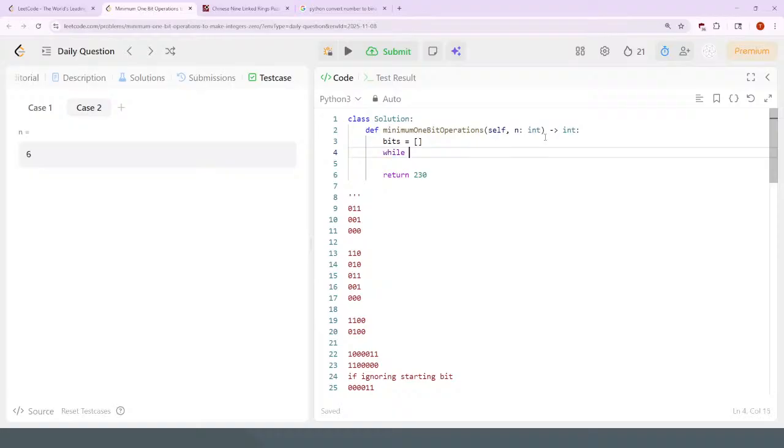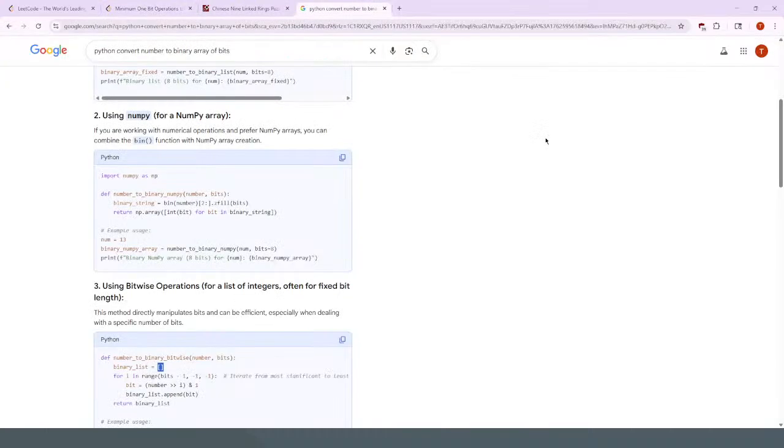I think maybe I'll just use while n is greater than 0. Bits append, actually, bit is going to be n bitwise and 1.